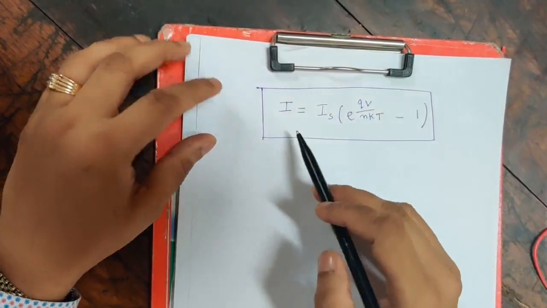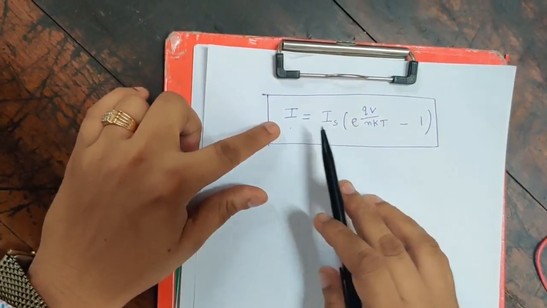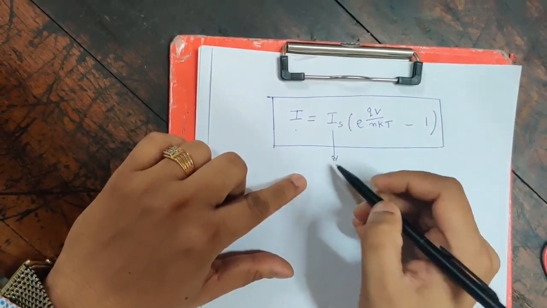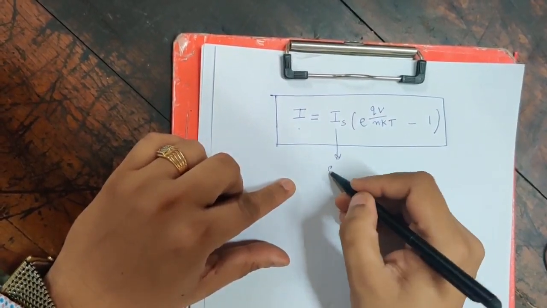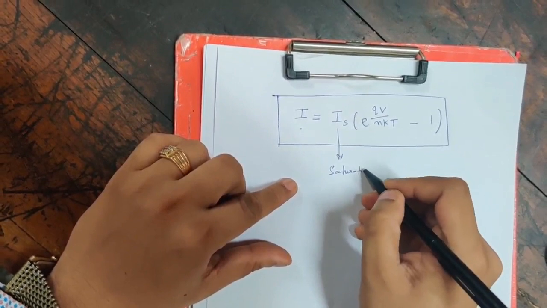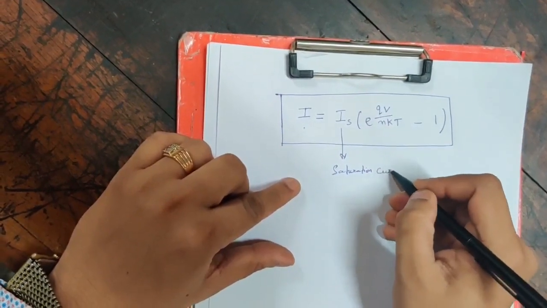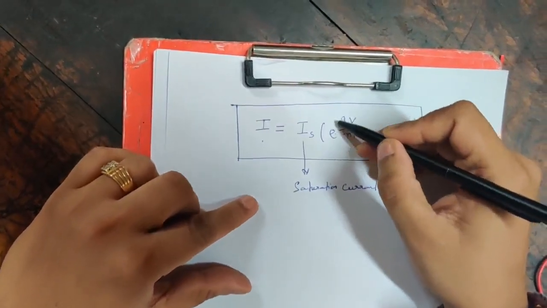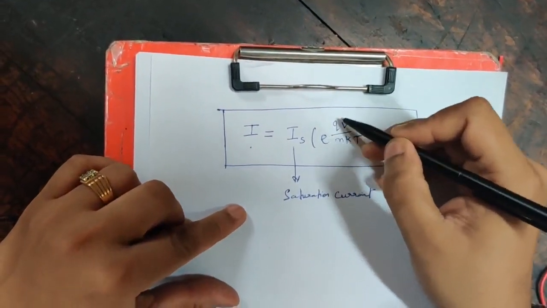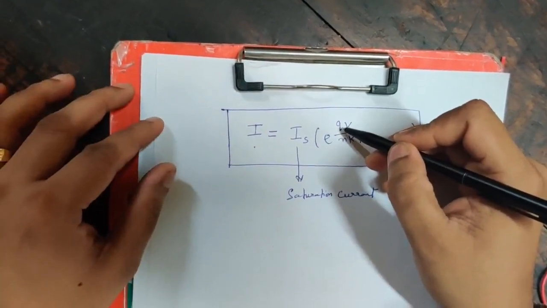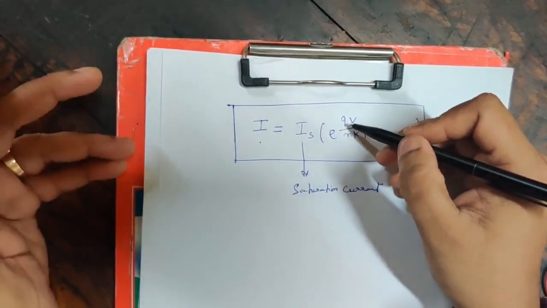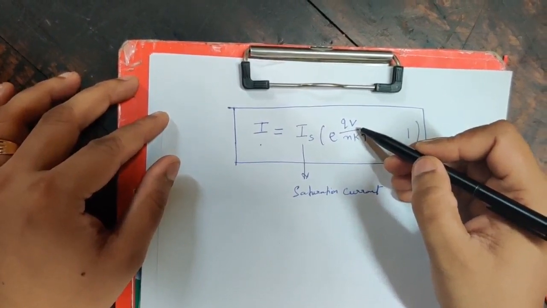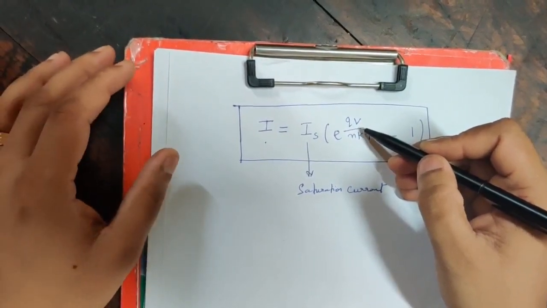As you can see here, I is the current flowing in the circuit. Is is the saturation current. q is the charge on the electron; sometimes it is represented as e, sometimes as q. V is the applied voltage.